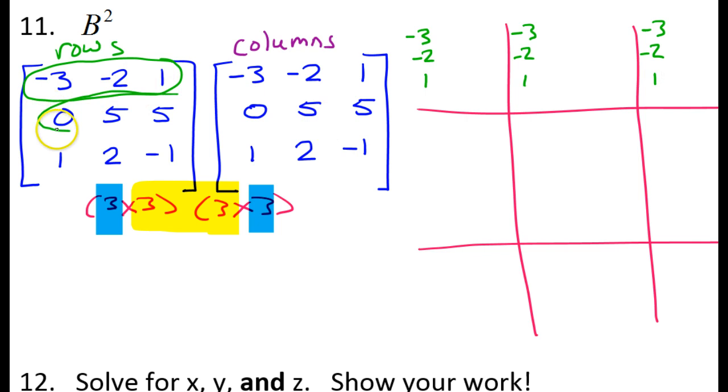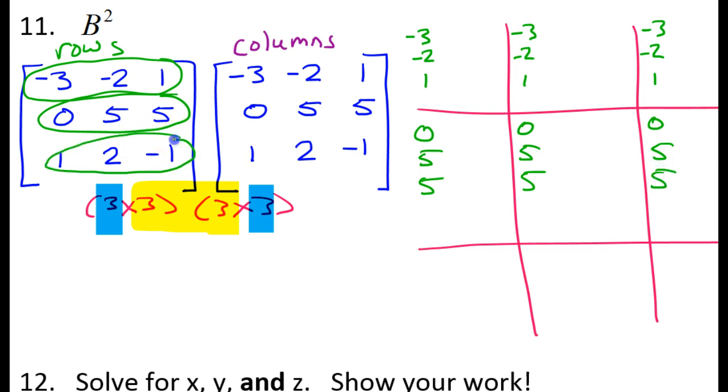Row 2 will go all across row 2, so I will have 0, 5, 5. And row 3 will go all across row 3, so I will have 1, 2, -1. These rows will be multiplied by these columns. So multiplication.